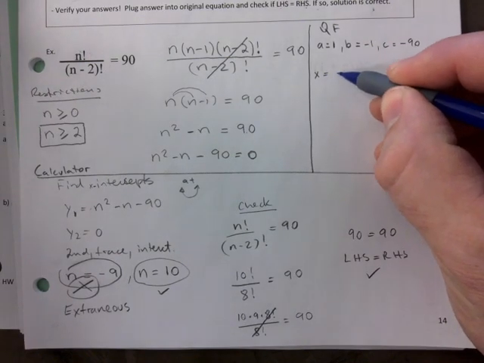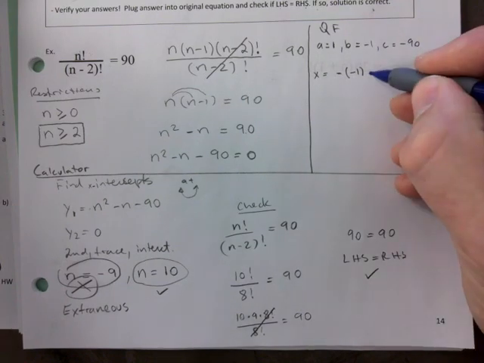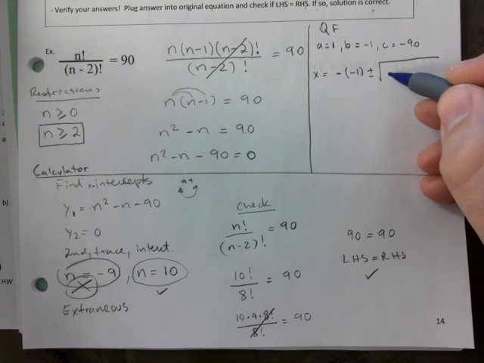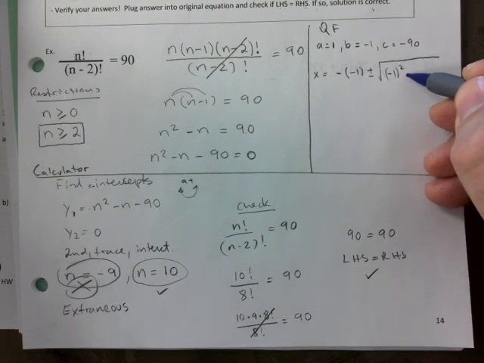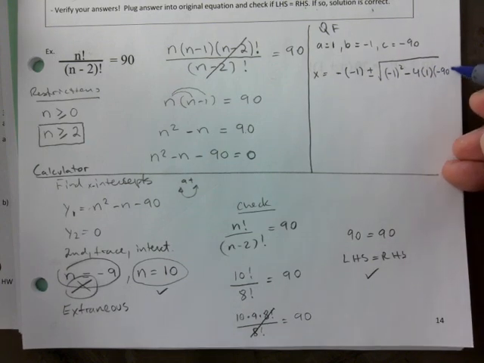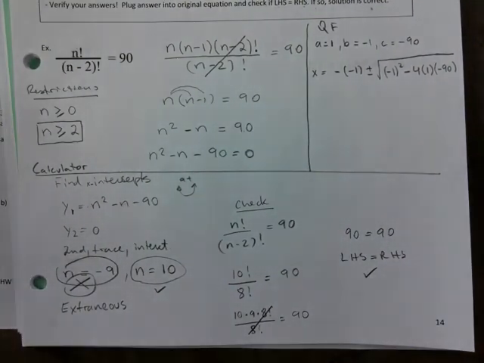So it's negative B, whatever B is, plus or minus square root of B squared minus 4 times A. This is where you have to be so careful with your signs. Let me zoom in.